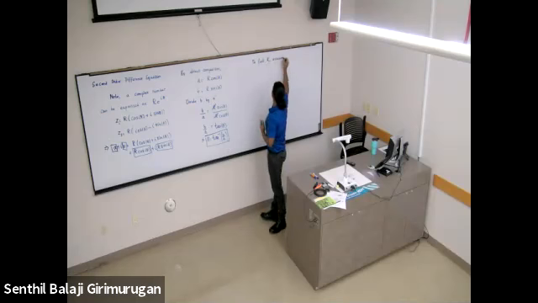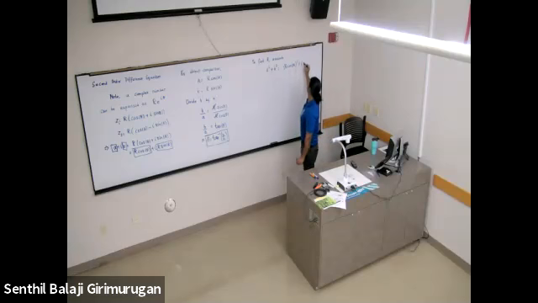So we're going to evaluate a squared plus b squared, which would simply mean r cosine theta squared plus r sine theta squared.